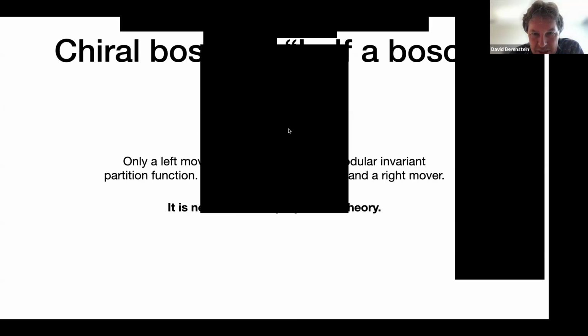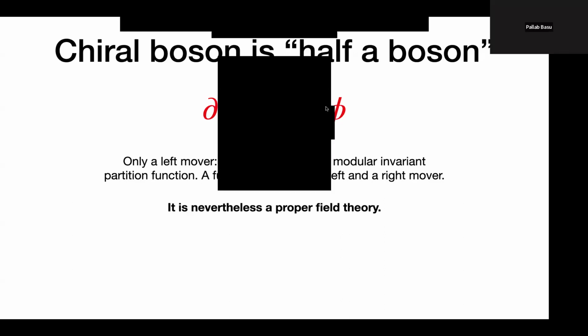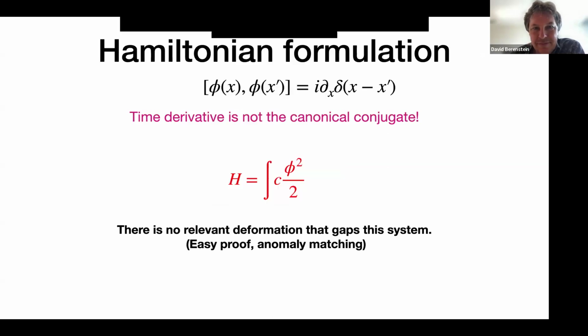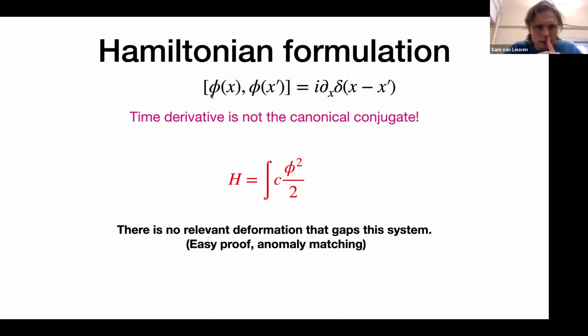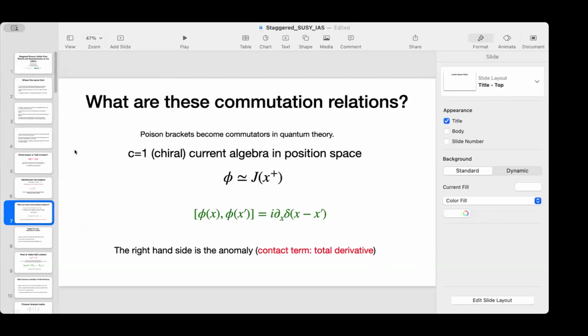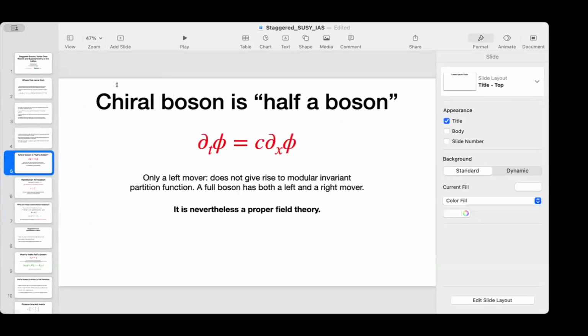Let me see if I'm the host. Palab, if you can hear us, please mute yourself. Nope, I don't have it. Okay, I think it's fine now. Give me a second. I'm having trouble with my setup.